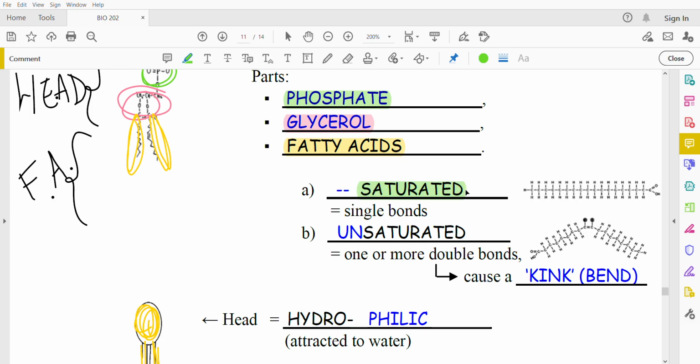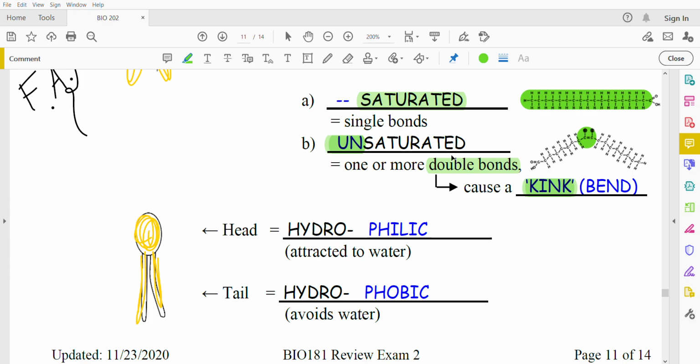On saturated fatty acids, it's single bonds between the carbon atoms, whereas on unsaturated fatty acids, we had 1 or more double bonds. And this double bond every time caused this kink or bend in the physical structure of this fatty acid.